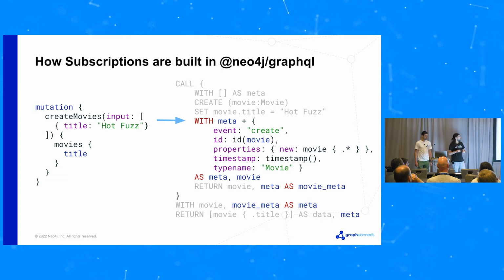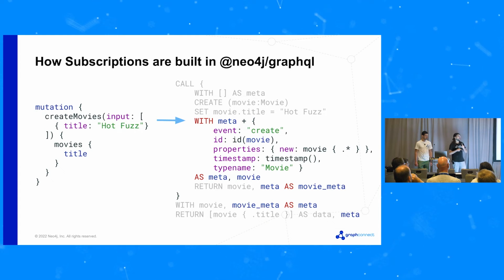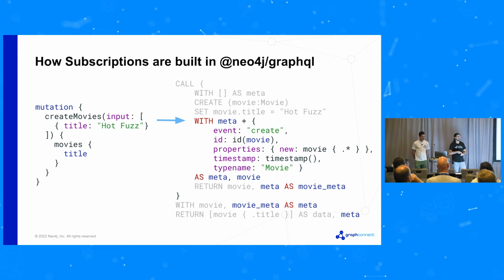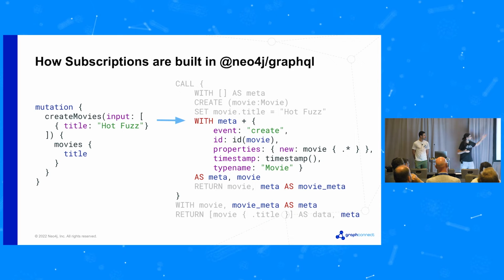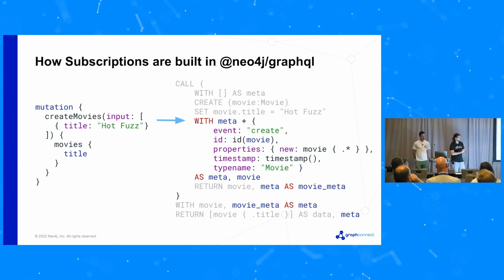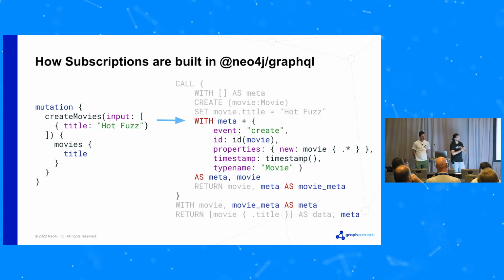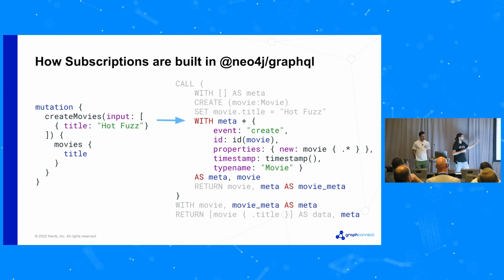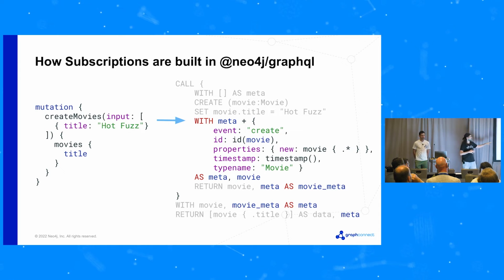The first one is that only mutations that are happening through our library will be reported by the subscription system. So if you run a custom Cypher, there is absolutely no way of knowing that something has happened, which is sadly a limitation. The second, much more interesting and hopeful result of this is that no extra queries happen behind the scenes.